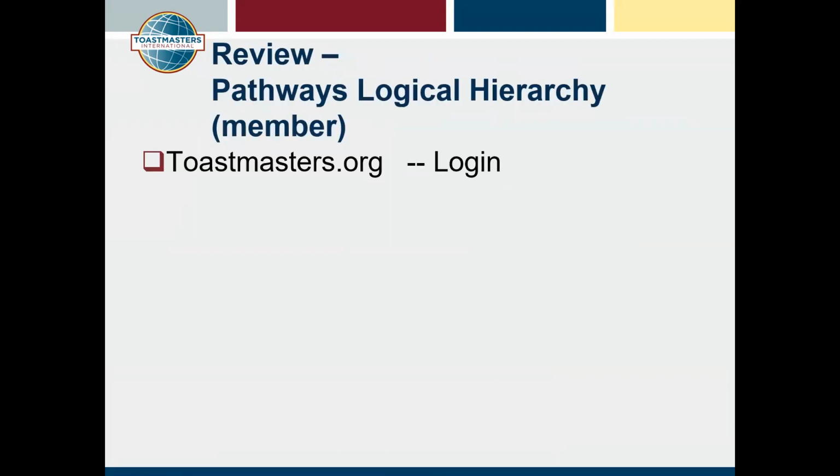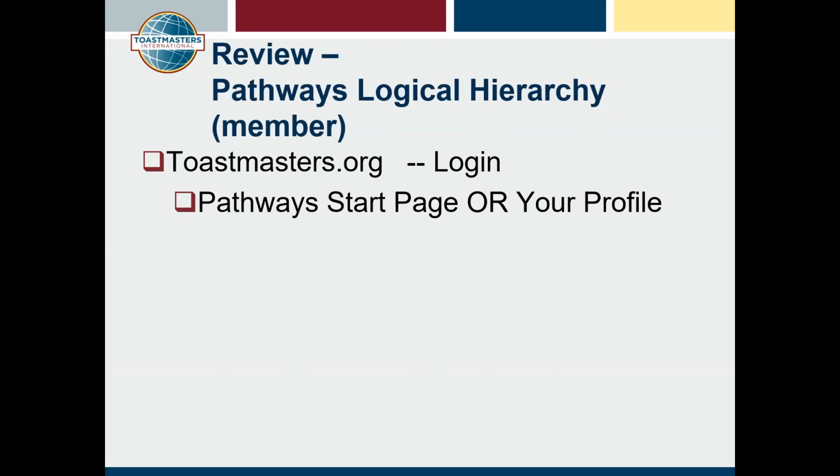Okay, so let's just review, and this is something that I put into the last webinar, the logical hierarchy for a member to get in. We have our Toastmasters login, and from there we can get into Pathways either by clicking on the little Pathways menu and getting to the Pathways start page, or through my profile.